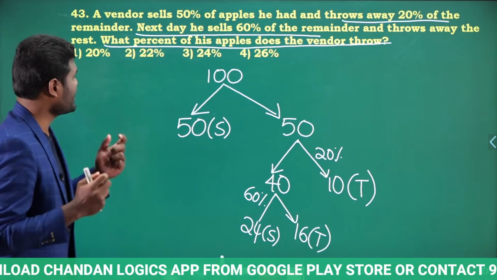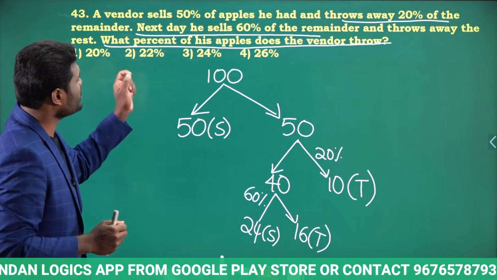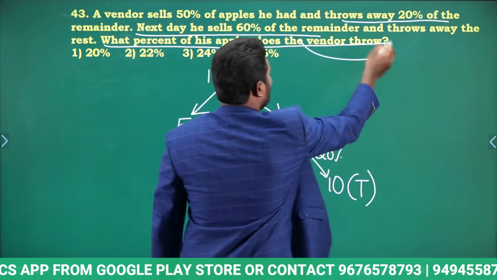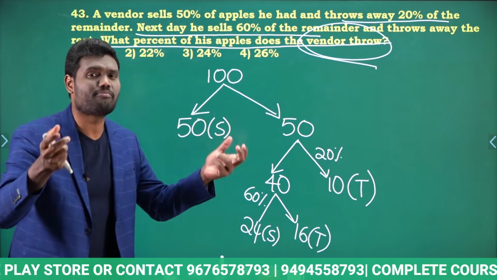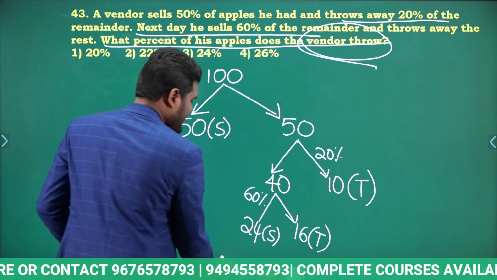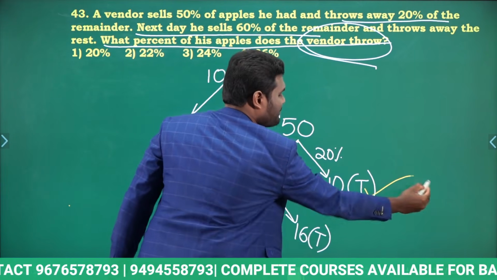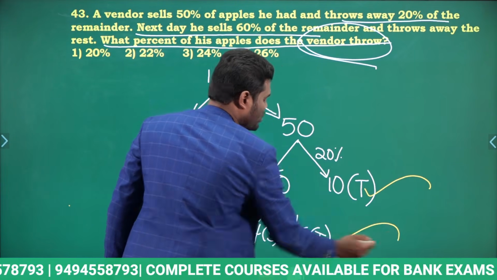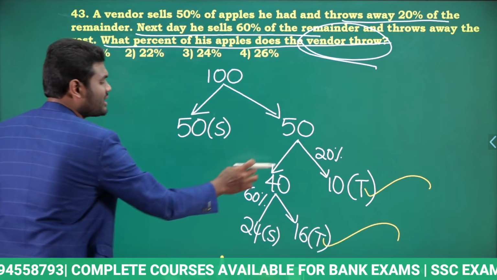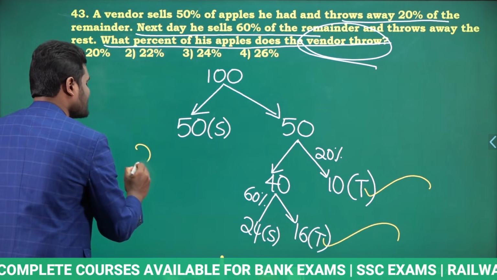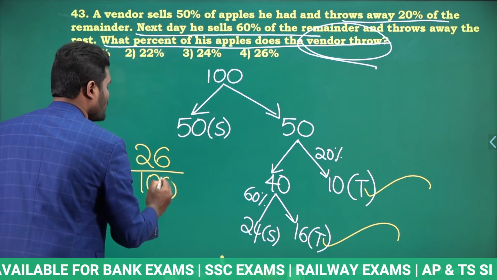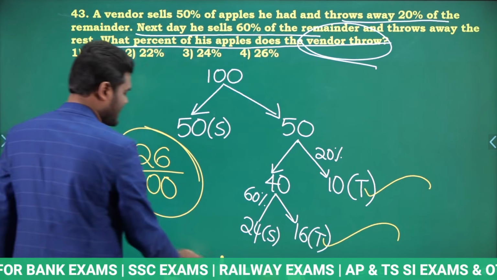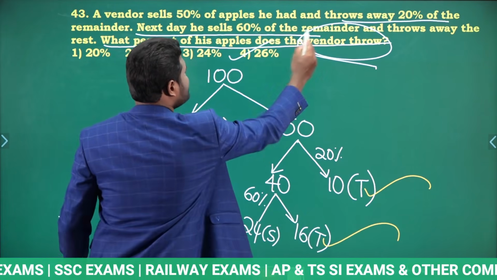Now, what is your question? Your question is, what percent of his apples does the vendor throw? So, vendor has thrown how many apples in terms of percentage? Now, if you look here, initially he has thrown 10 apples. Later, finally, he has thrown 16 apples, which means total 10 plus 16, he has thrown 26 apples out of 100 apples, which means in terms of percentage, it is going to be 26%.